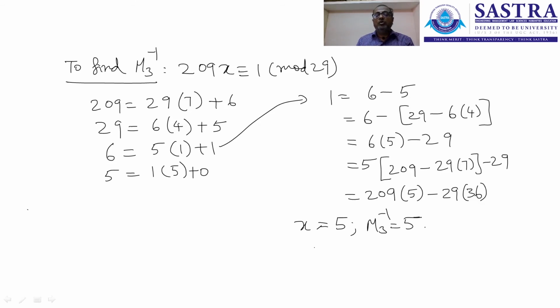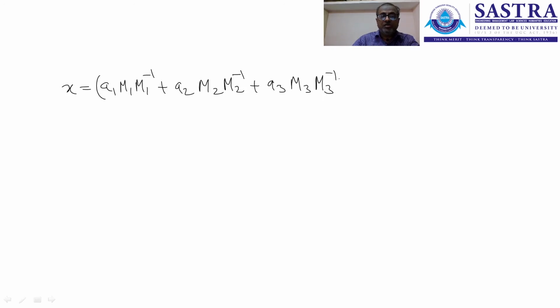Okay, so now you have calculated M1, M2, M3, M1 inverse, M2 inverse and M3 inverse. So now using this you will find x. Let me write down x. X is equal to a1 M1 M1 inverse plus a2 M2 M2 inverse plus a3 M3 M3 inverse mod capital M. Now let me write down the corresponding values.